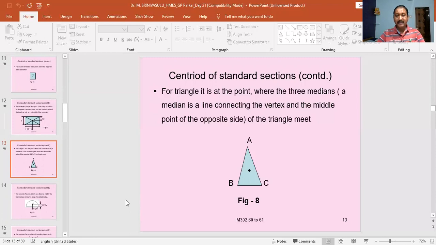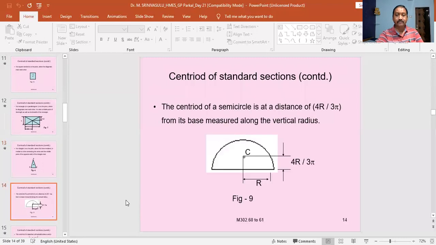So the median is the line connecting the vertex and the midpoint of the opposite side. For the triangle, it is the point where the medians intersect with each other.